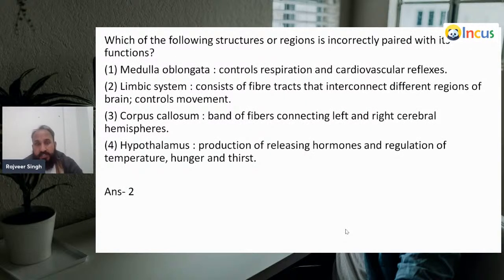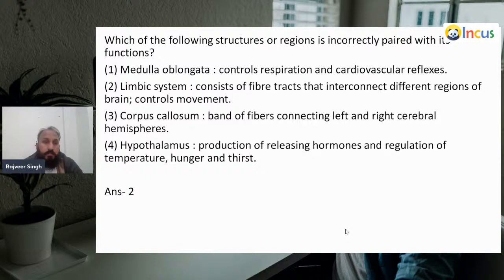Which of the following structures or regions is incorrectly paired with its function? First, medulla oblongata: controls respiration and cardiovascular reflexes. Limbic system: consists of fiber tracts that interconnect different regions of the brain, controls movements.